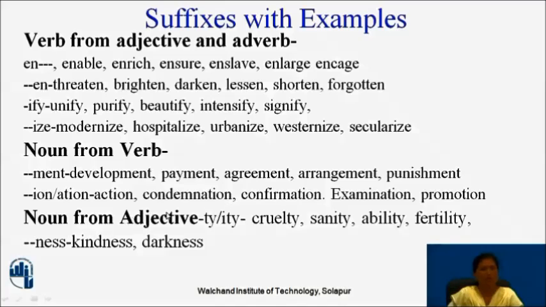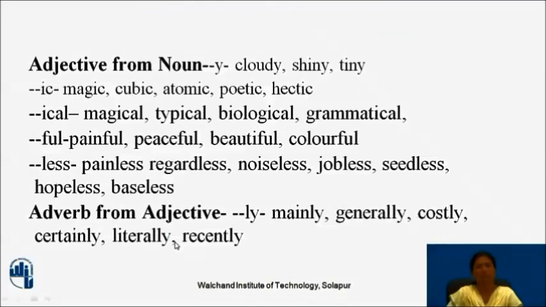Noun from adjective: how do we create it by adding suffixes to the root word? That is ty or ity. Cruel, cruelty; sane, sanity; able, ability; fertile, fertility. Then ness: kind, kindness; dark, darkness. Adjectives from noun: at the end of the word we add y. Cloud, cloudy; shine, shiny.